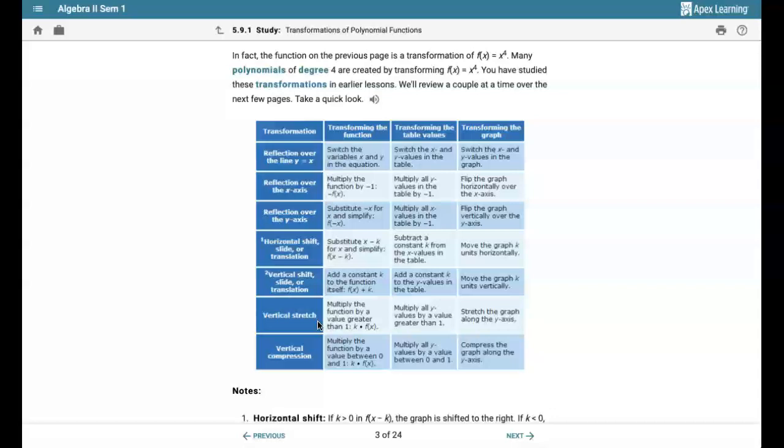If we're going to transform the function by looking at the equation, we would follow this rule. For transforming the table values, we would look at the different x and y values and calculate those. And finally, what that transformation of the graph looked like, actually moving up or down, all of that.